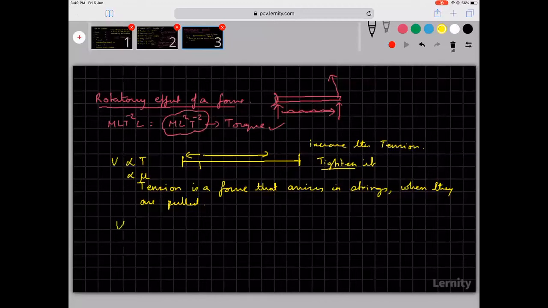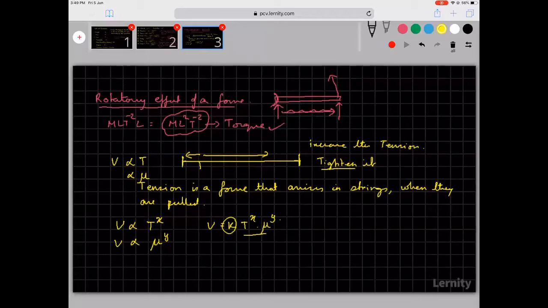So I say velocity is proportional to T power x, velocity is proportional to mu power y, and velocity is equal to some constant into T power x into mu power y. Let me first find out whether this is a dimensional constant or a dimensionless constant.